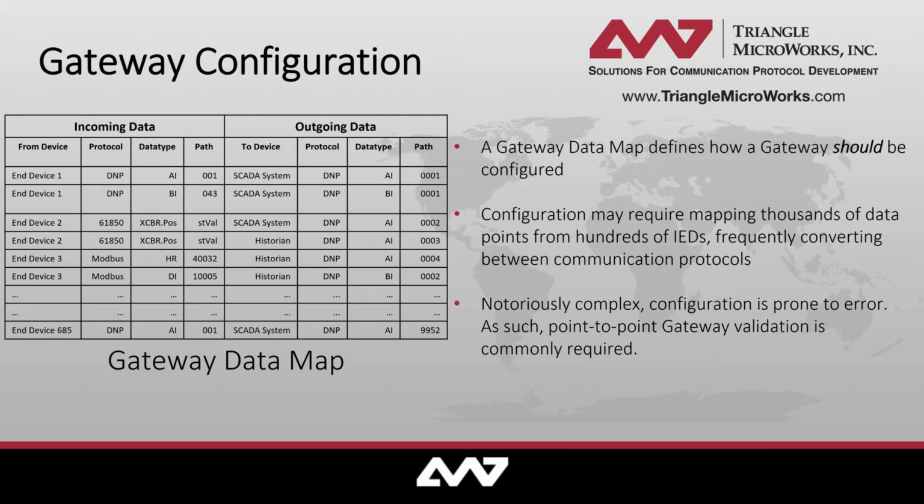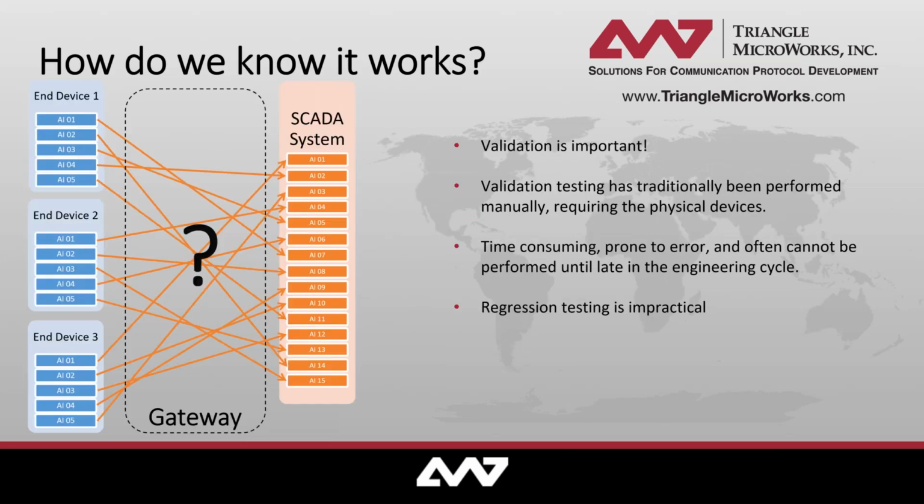So given what we know about this error-prone manual task of gateway configuration, how do we verify that the configured gateway behaves as described in the gateway data map? The answer is you test it. Traditionally, gateway validation testing has been performed manually and requires all hardware to be present.